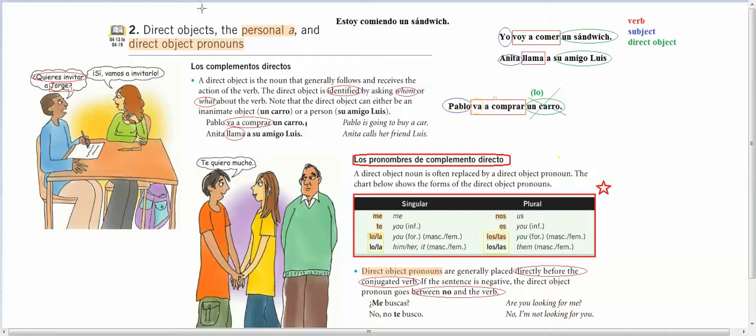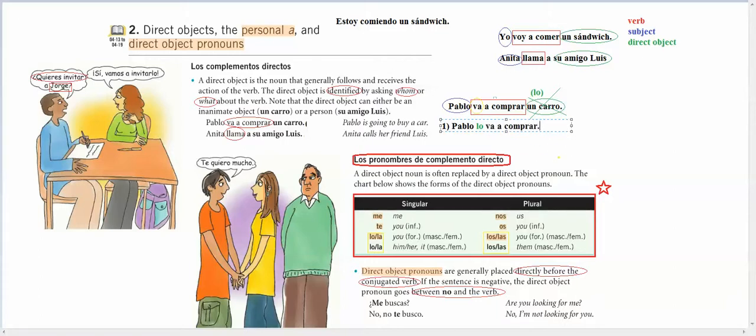So I could write this sentence like this. This is option 1. Pablo lo va a comprar.